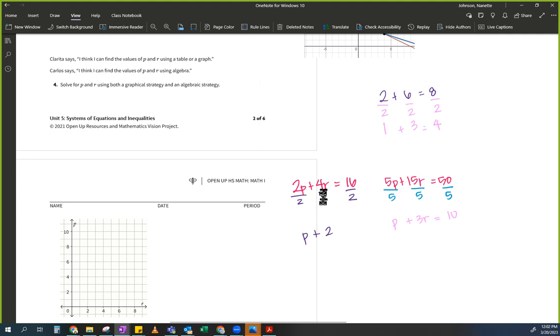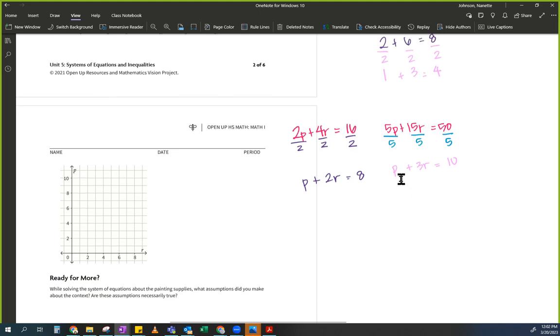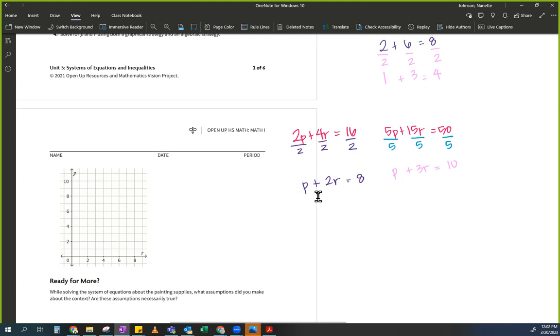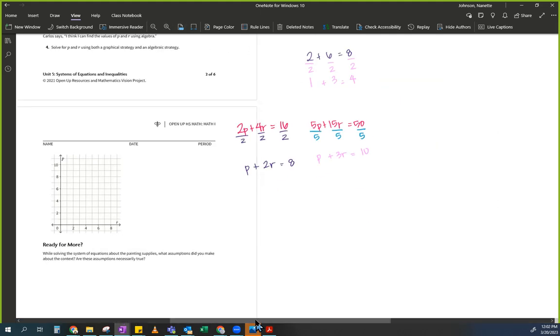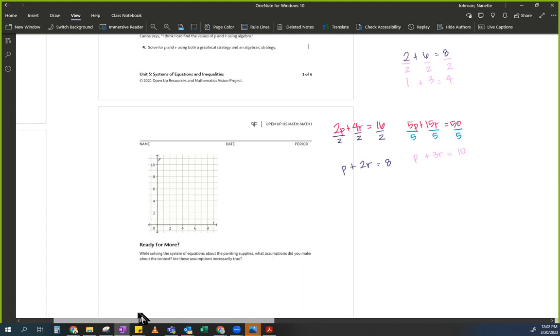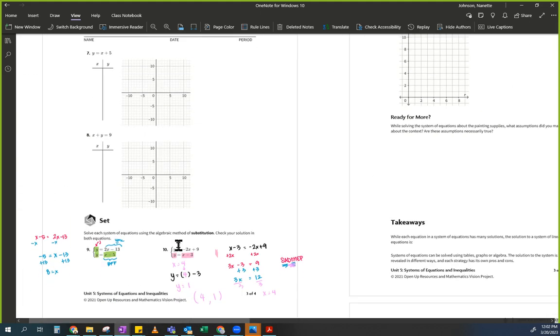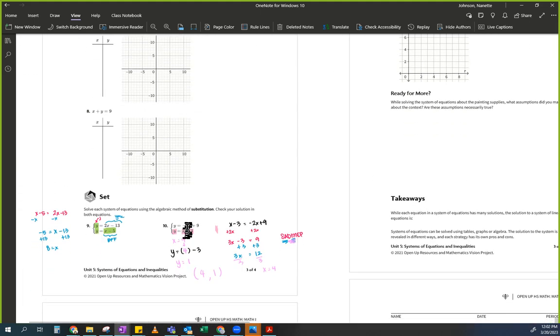Okay, question. Is that the hard part? Dividing each piece by 2, is that the hard part? No? Okay, good. So again, I still don't have it. What I would really like is for it to say, like it did over here, y equals.